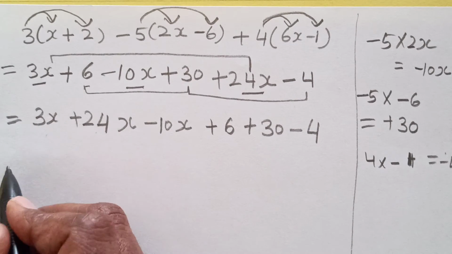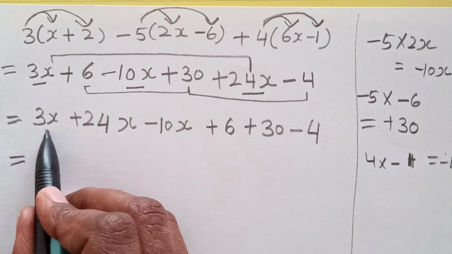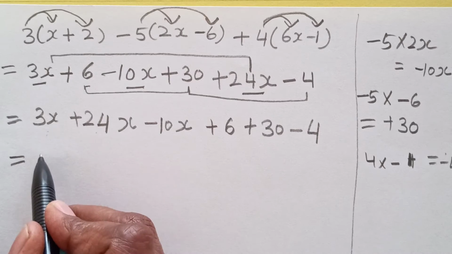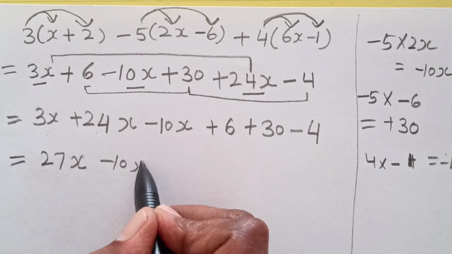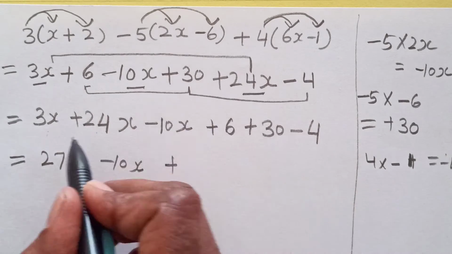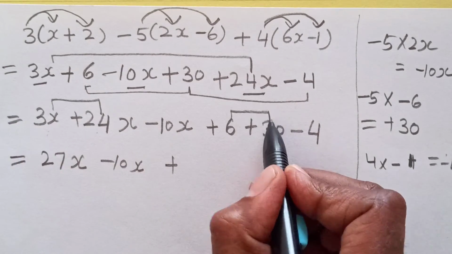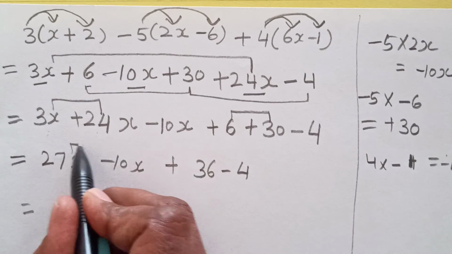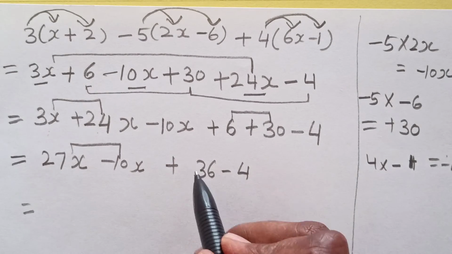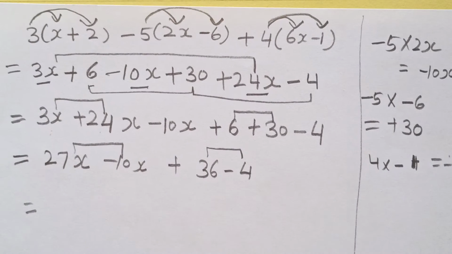Now 3x and 24x both are positive. So it will be 27x minus 10x is here. So again we have collected them first, 36 minus 4. So now it's easy, we have one positive and one negative. So we'll just subtract them.